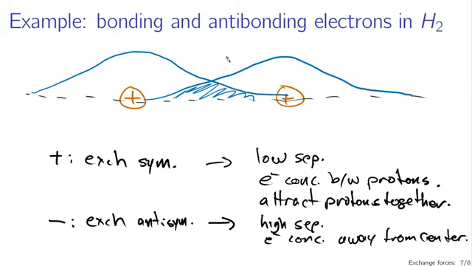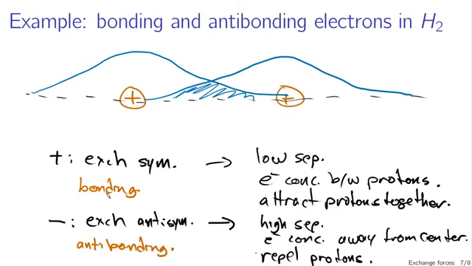You actually have then a deficit of likelihood that the electrons will be found near the center, and that tends to repel the protons. The protons repel each other because without an electron in between them, they just see each other's charge directly. In the language of chemistry, the exchange symmetric combination of these wave functions is called bonding, and the exchange antisymmetric is called antibonding.